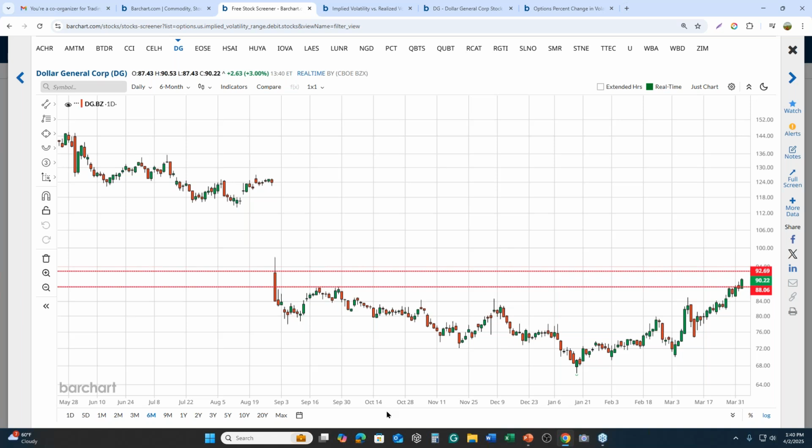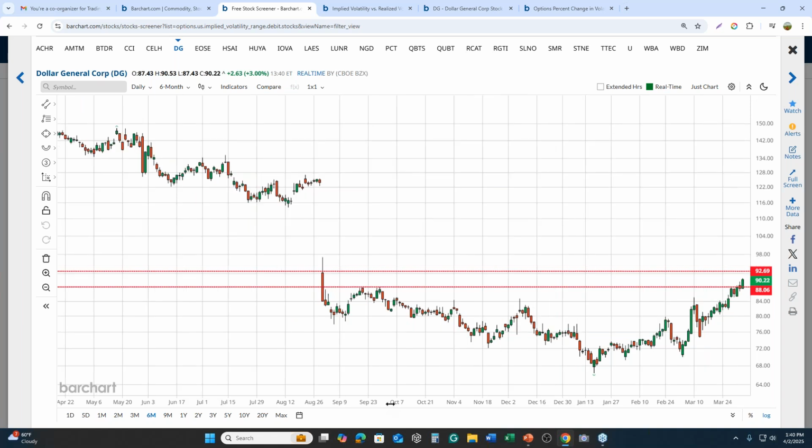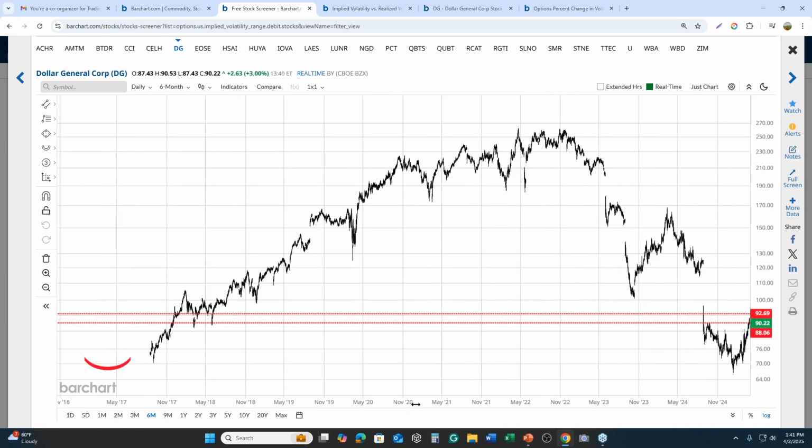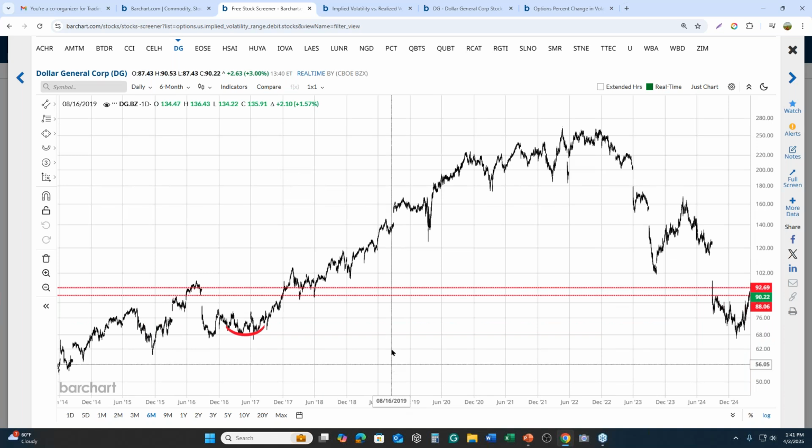But let's look at this from a historical aspect. If I go back in the past, not too far, notice that we have the same type of rounding bottom at relatively the same values. But what happened last time? Well, multiple tests of the top of our rounding bottom. And then eventually we did get a breakout. But each time it tested, what did it do?